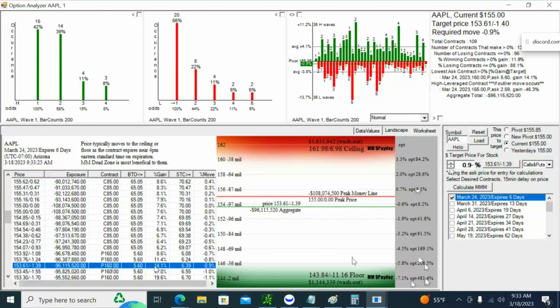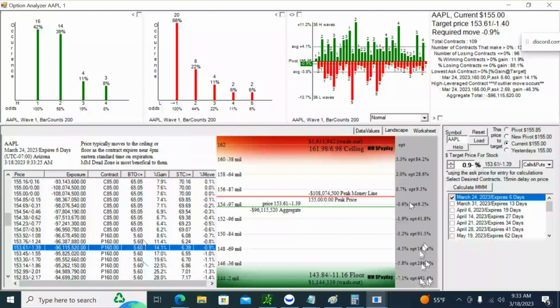And the option might be kind of expensive because over here, it's showing the option as 560 and it's saying buy to open 560 or less. And then it's saying sell to close at 639, which is a 14.1% gain.